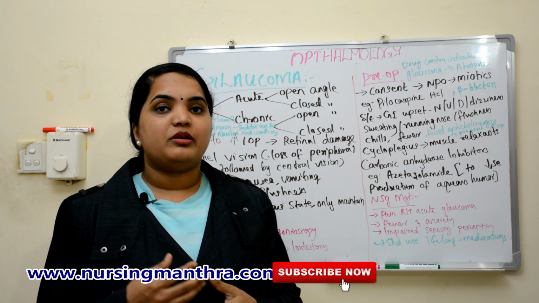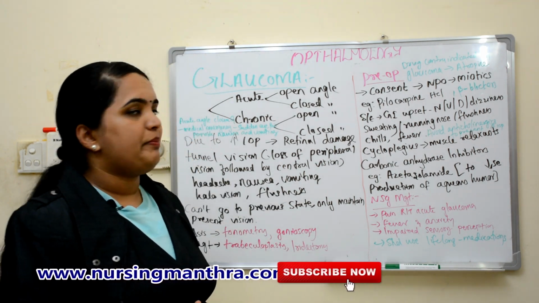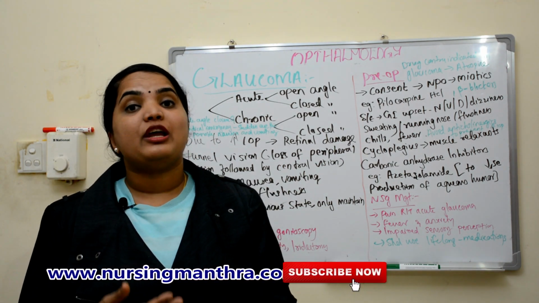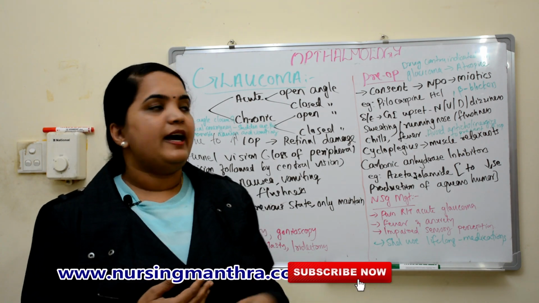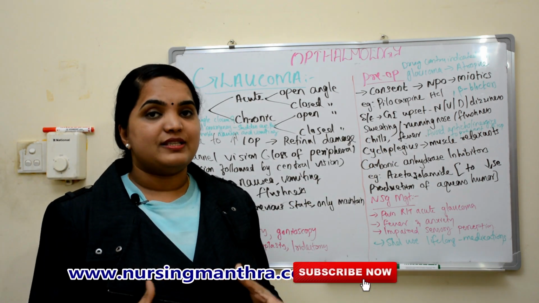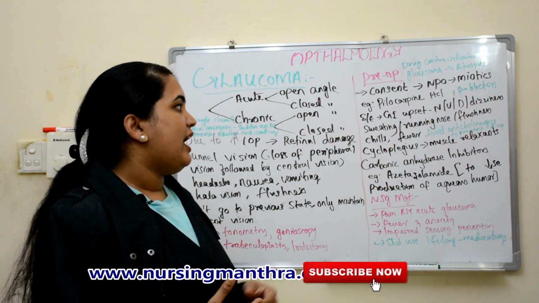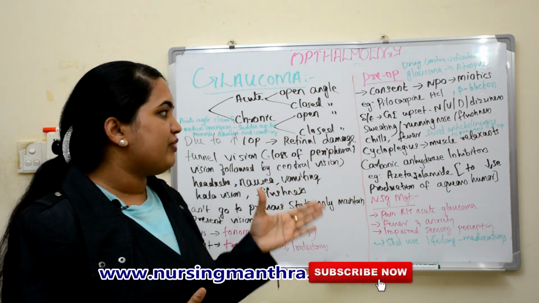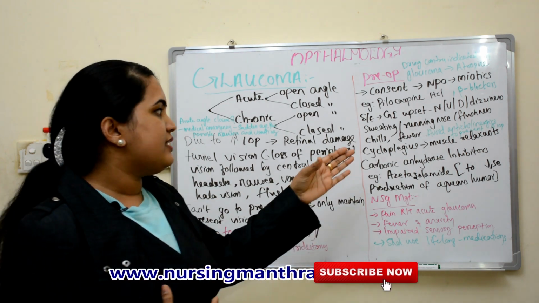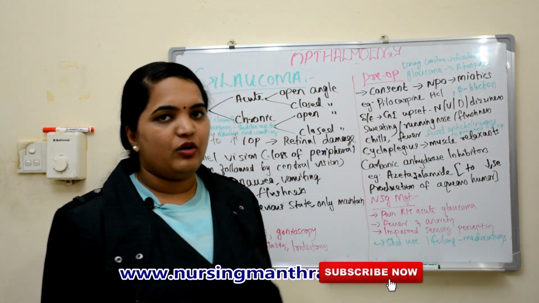We have to administer miotics and beta blockers. Miotics, for example pilocarpine HCl. The side effects of this medicine are GI upset, nausea, vomiting, diarrhea, dizziness, sweating, running nose, flushing, chills, fever. All these symptoms will be there for pilocarpine.